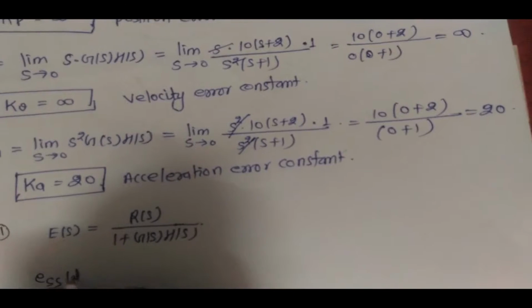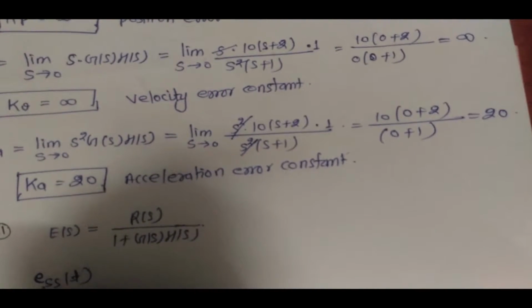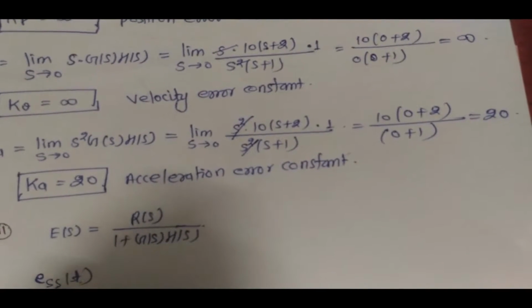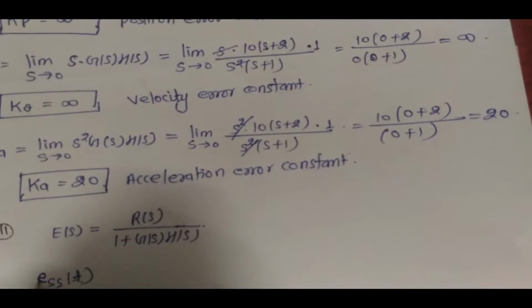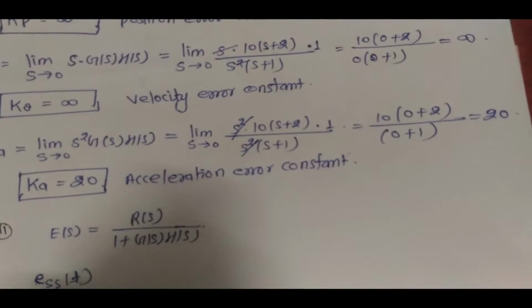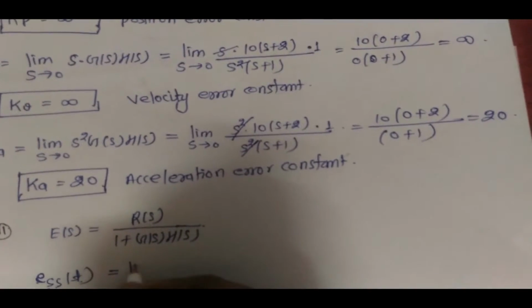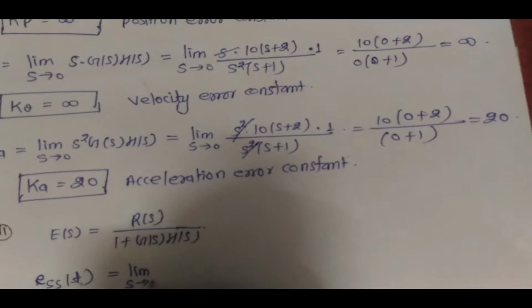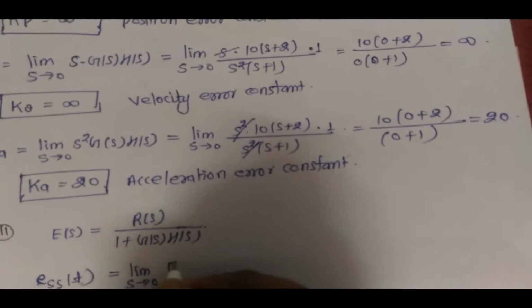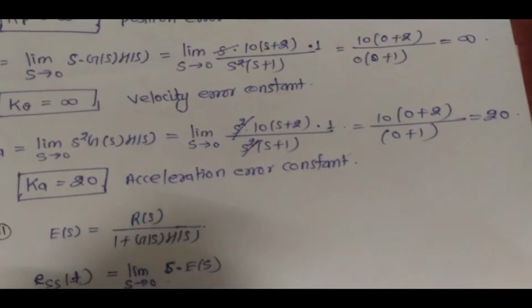The steady state error is denoted e_ss, and it is equal to limit s tends to 0 of s into E(s).